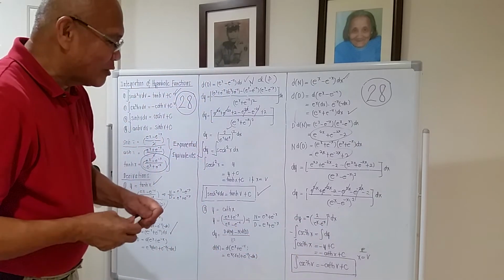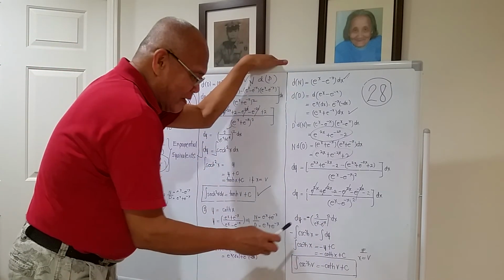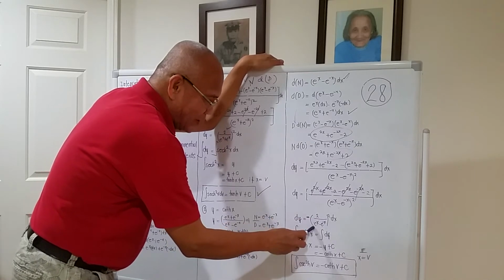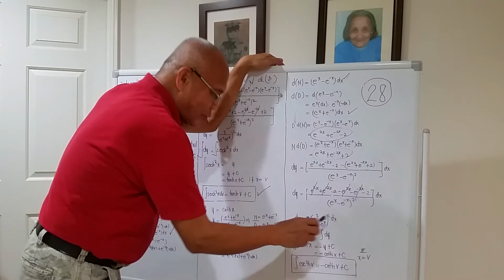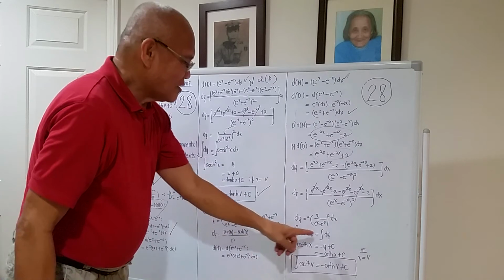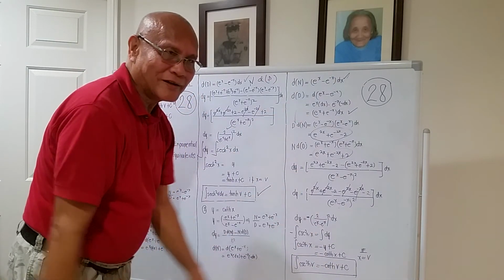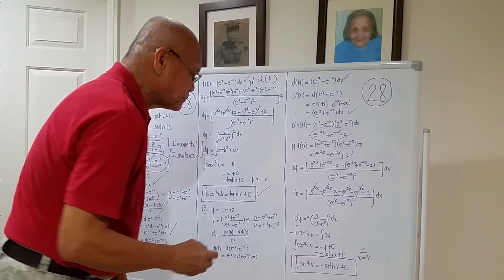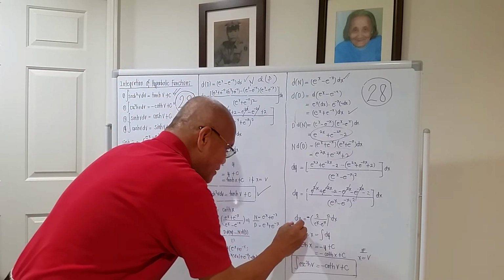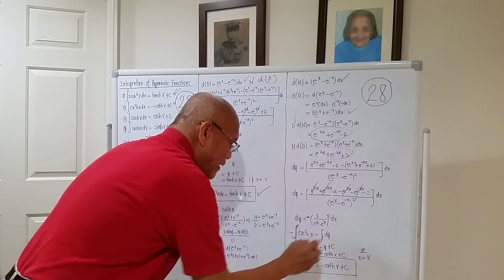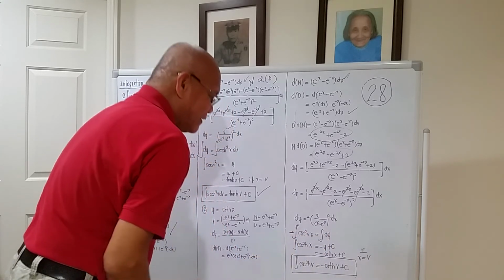So actually, I factor out the right-hand side by making it 2 over the quantity e to the x minus e to the minus x, squared. And this is actually hyperbolic cosecant squared. Then, taking the integral of both sides, okay, we got the negative sign over here.